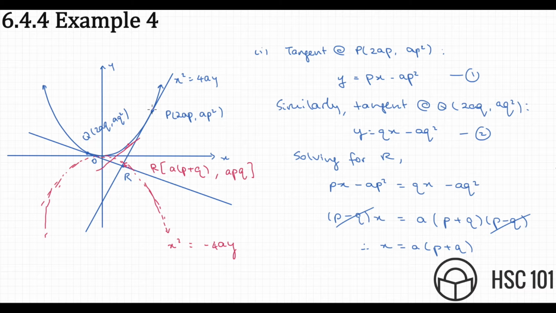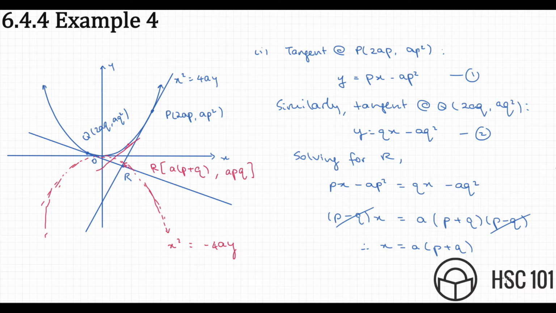The two points cannot wander wherever they want. Instead, they move relative to each other. If P is at a specific point, Q has to accommodate for the position of P, and that ensures R is no longer chaotic and actually lies on x squared equals negative 4ay.